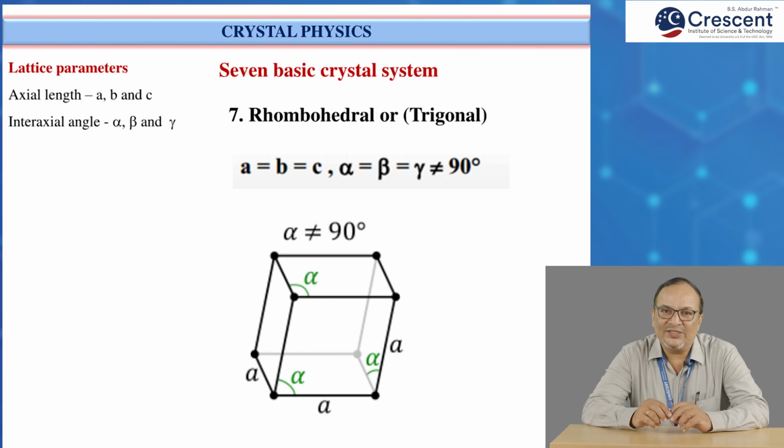This is the last of the 7 basic crystal systems, which is called rhombohedral. We can also call it trigonal. Here the axial lengths A, B, C are equal, and alpha, beta, gamma are also equal, but the angles are not mutually perpendicular. All the angles are equal to each other but not 90 degrees.